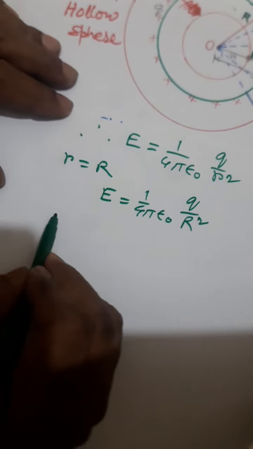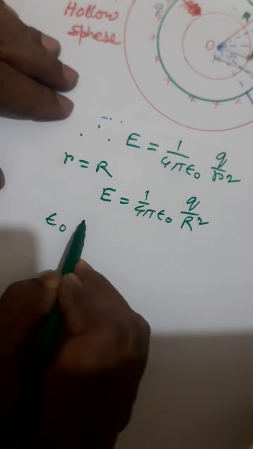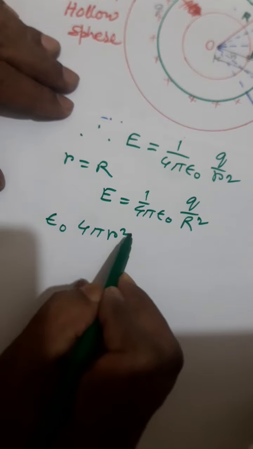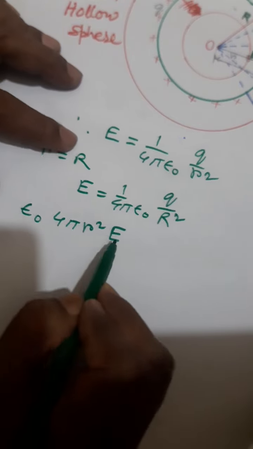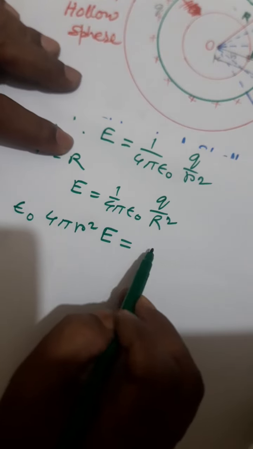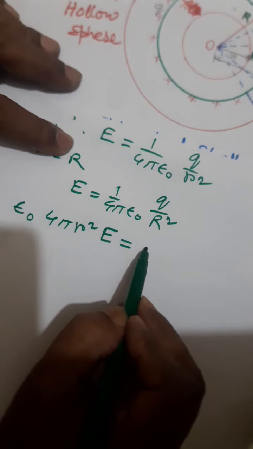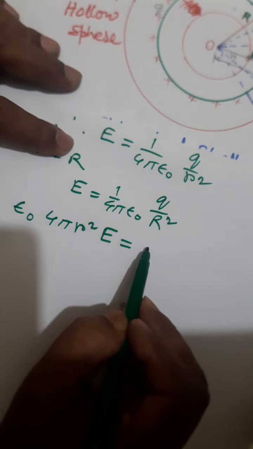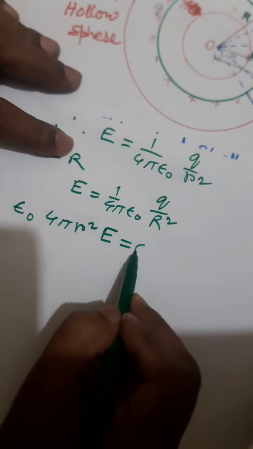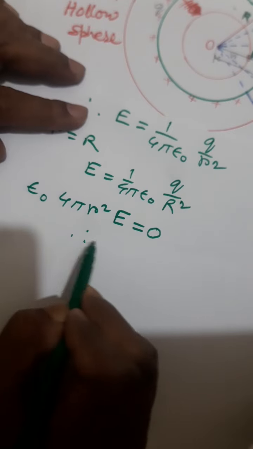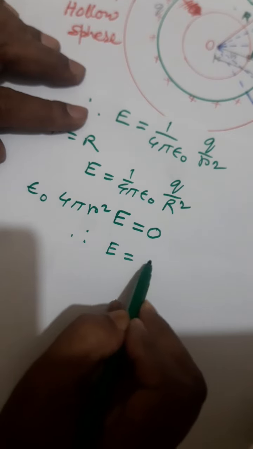Then total flux, epsilon naught 4 pi r square E, equals the quantity of charge enclosed in the Gaussian surface. This Gaussian surface does not enclose any charge, therefore it is 0, and therefore E equals 0.